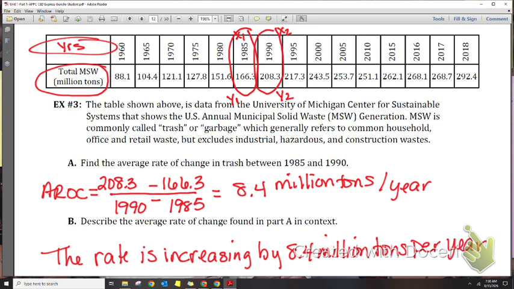But now you've got to be a little specific. The slope is only between 1985 and 1990. So the rate is increasing by 8.4 million tons per year from 1985 to 1990. Or you could have used the wording they did and said between 1985 and 1990. Either way.